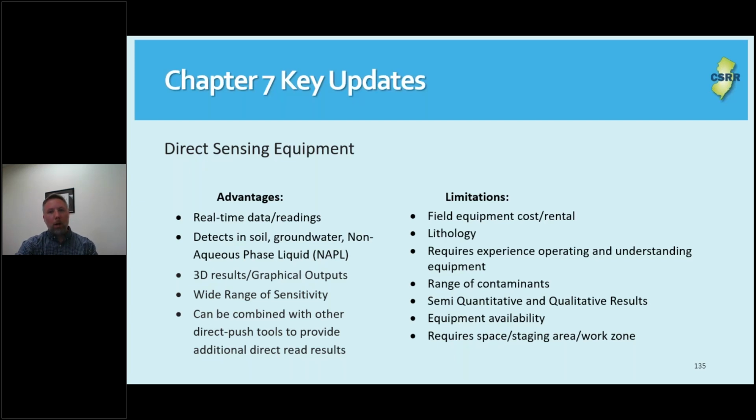And they do require either an understanding of operating the equipment or various licensing, depending on the depth that you're targeting. And with all of this, it does require some space and staging to have a work zone. The evaluation, for the most part, is understanding your project, what your goals are, and then again the intended use.